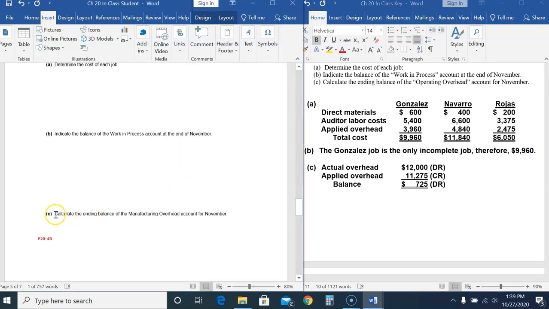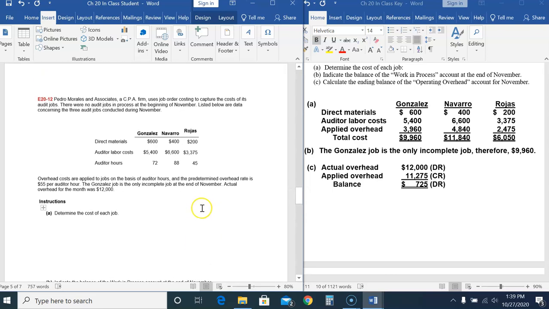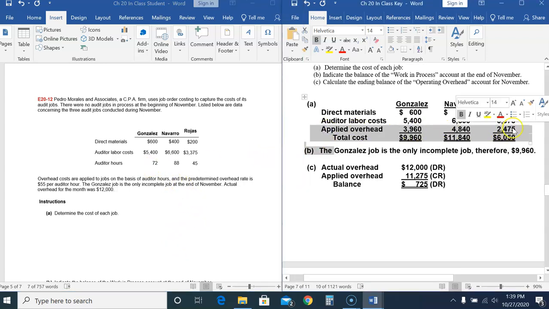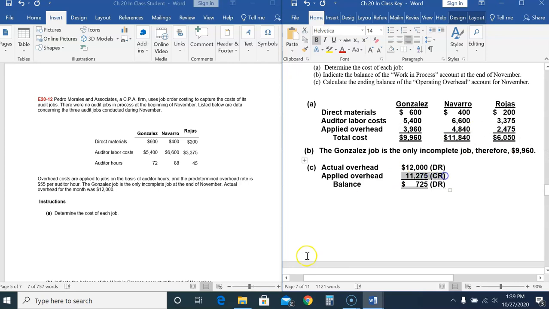They also want us to calculate the ending balance in the manufacturing overhead account. Remember, the manufacturing overhead account is debited for our actual overhead costs during the month, and it is credited for the amount applied, which means adding up the amount applied. Adding those together, I get $11,275.